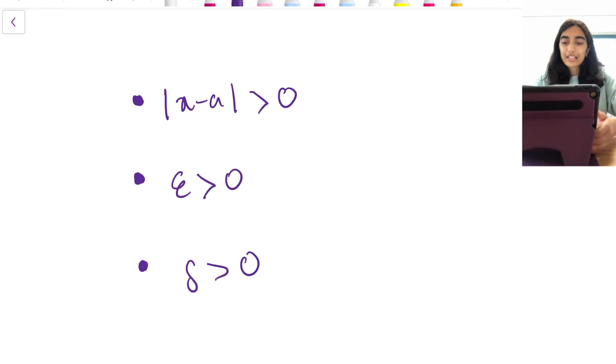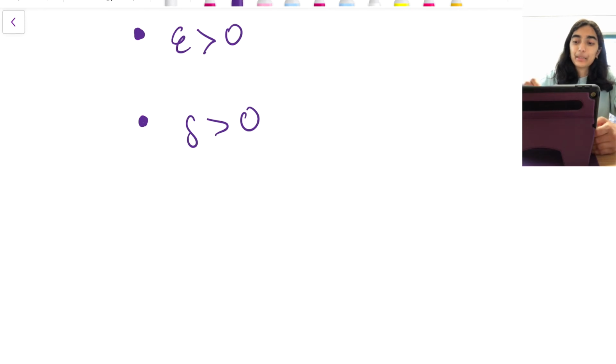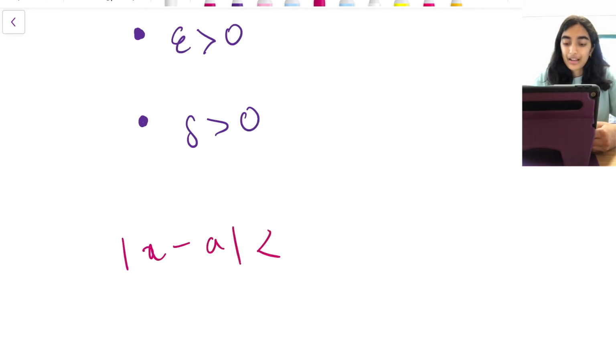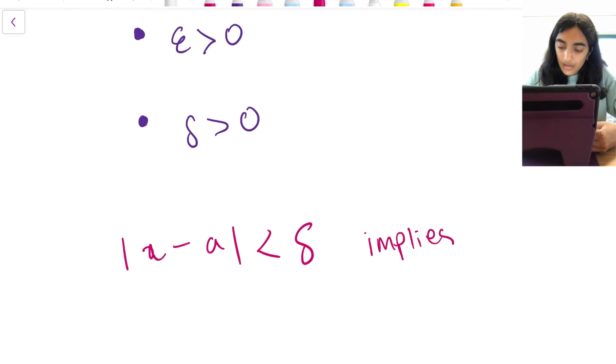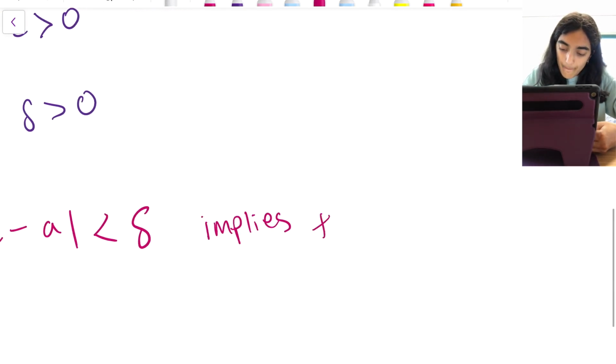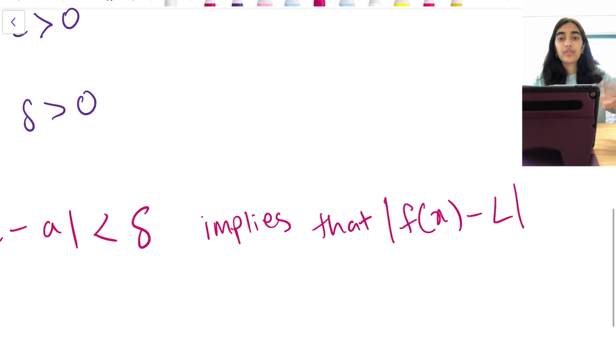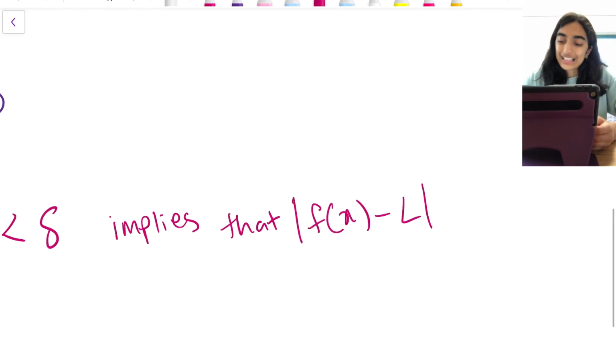Okay, and so basically the formal definition of a limit is simply the fact that if the absolute value of x minus a is less than a certain delta value, then that implies that the absolute value of f of x minus L is less than an epsilon.